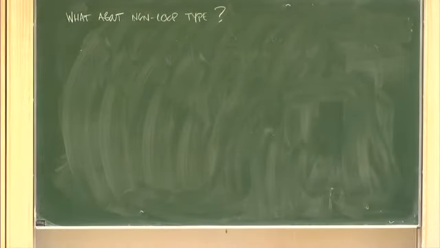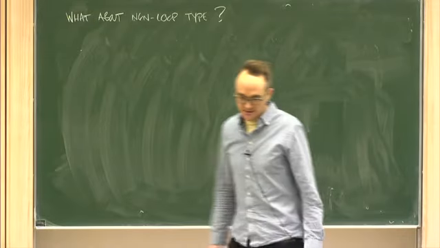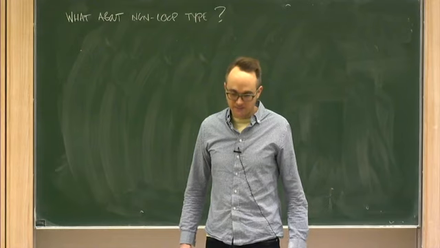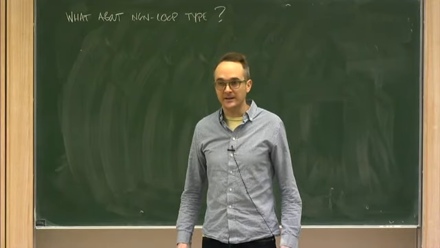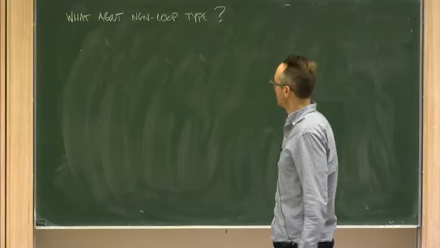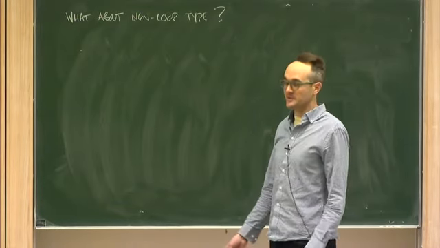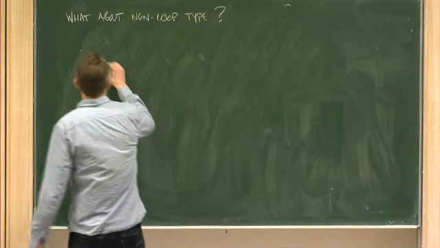So I think what I should do is just pick a running example and try to do a cartoon sketch of what's going on here.